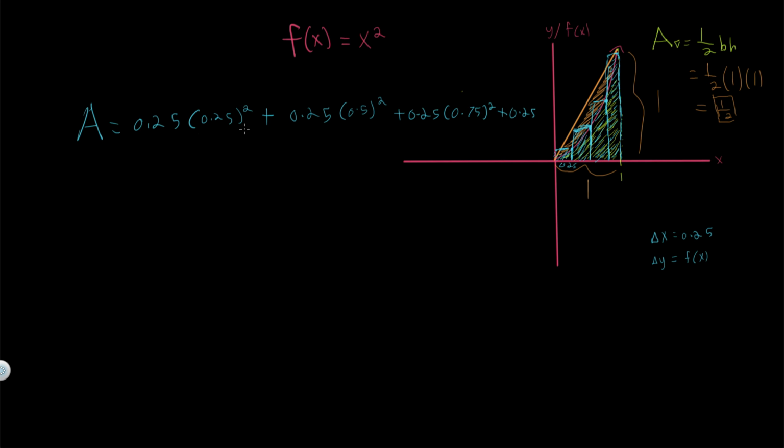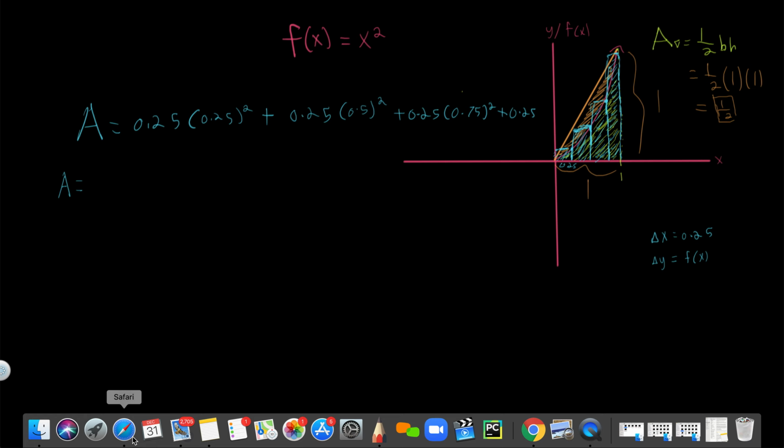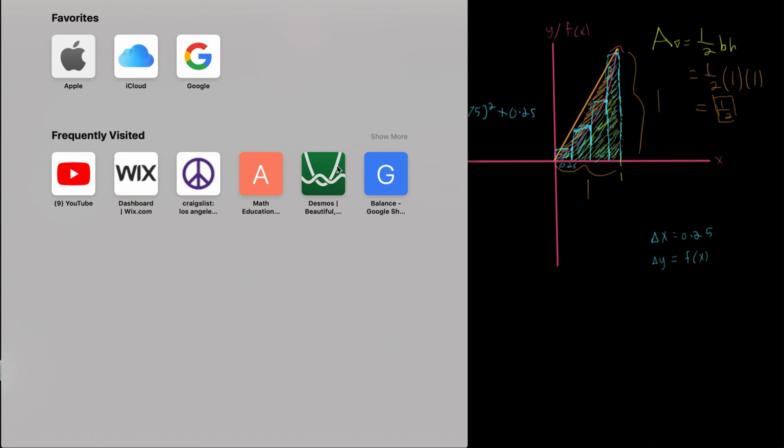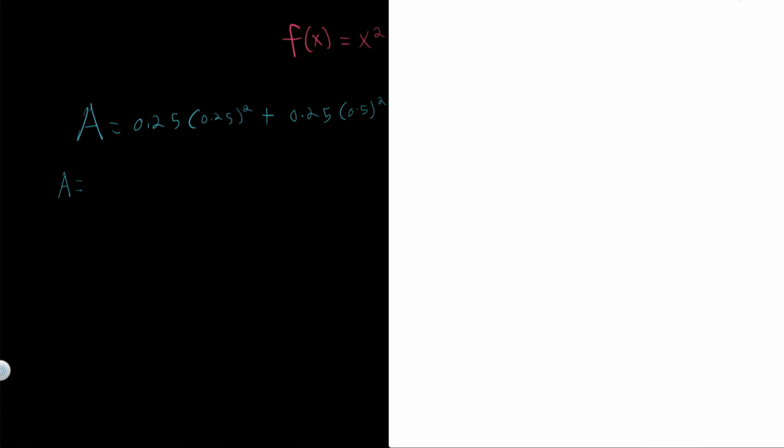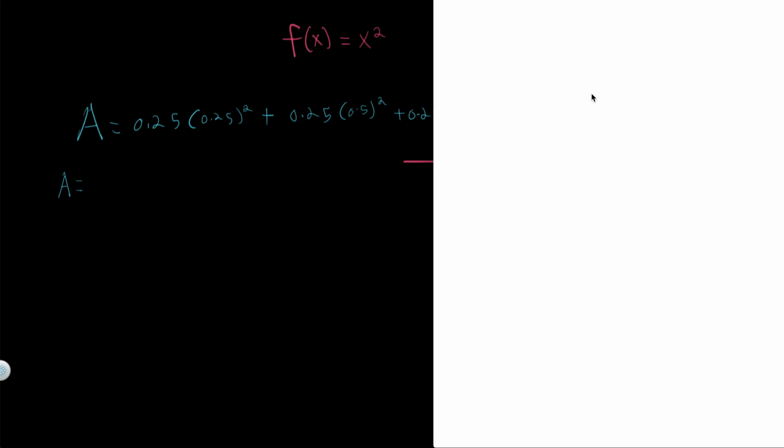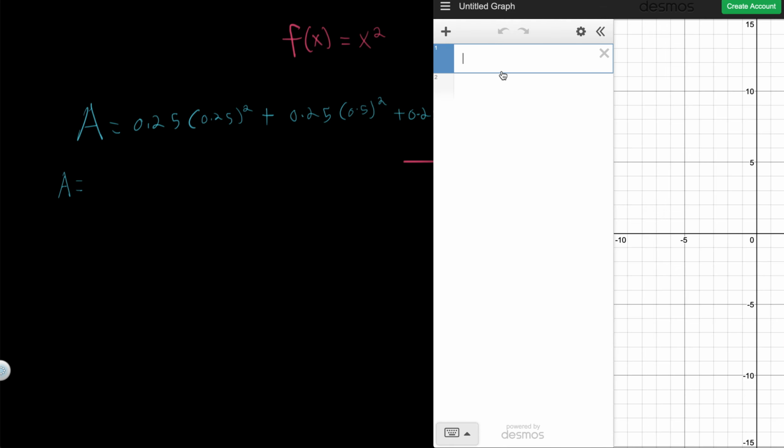And so we can plug this into our calculator, and we get a certain value for the area of the blue shading. You can use Desmos for this. So the first value we have is 0.25 times 0.25 squared, which we can essentially write as 0.25 to the third power. So that's 0.015625.